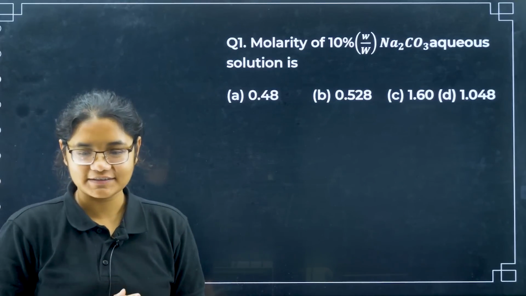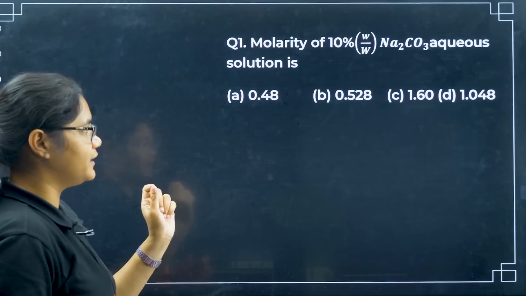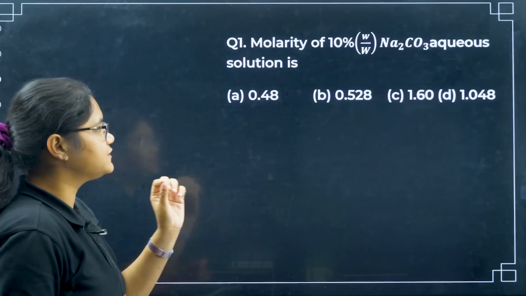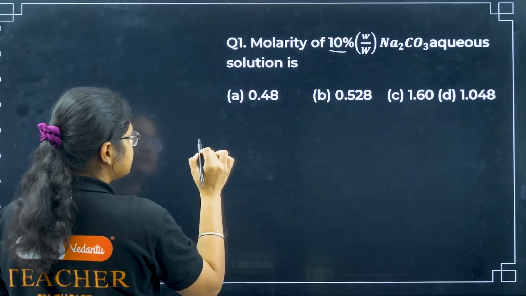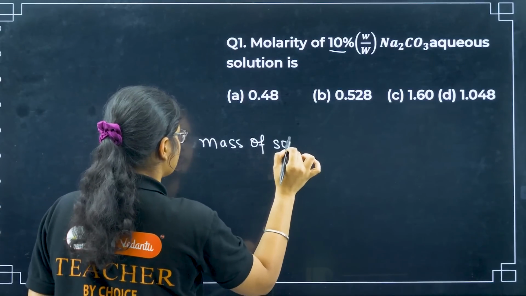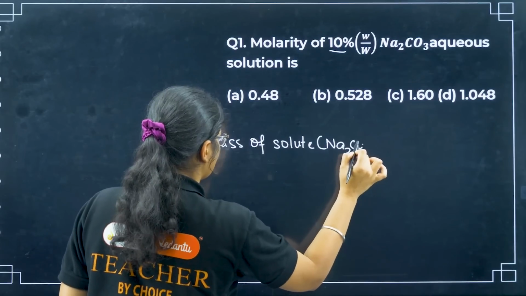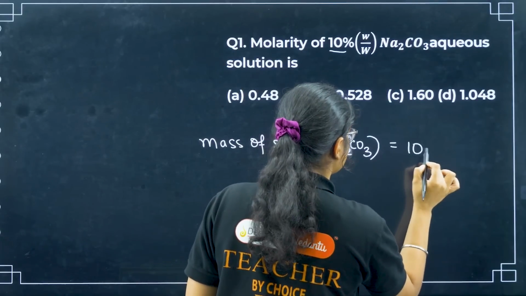Let us see the first question here. The molarity of 10% W by W Na2CO3 aqueous solution is. If you see 10% W by W, it means the mass of the solute, which is Na2CO3, is 10 grams.